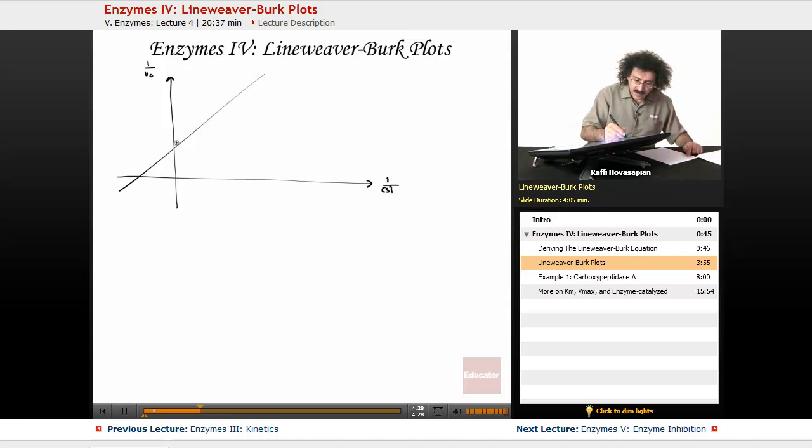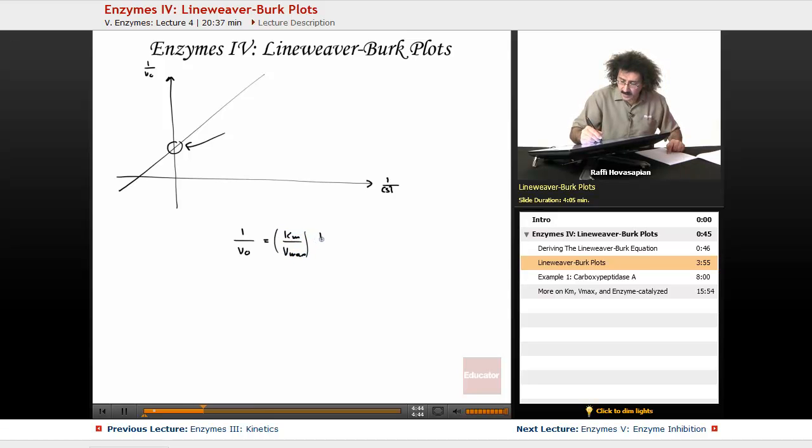Here's what's great. Let me rewrite the equation here so we see it. We had 1 over V0 equals Km over Vmax times 1 over S plus 1 over Vmax. It's not V0 versus S anymore. It's 1 over V0 versus 1 over S, and you get a straight line.